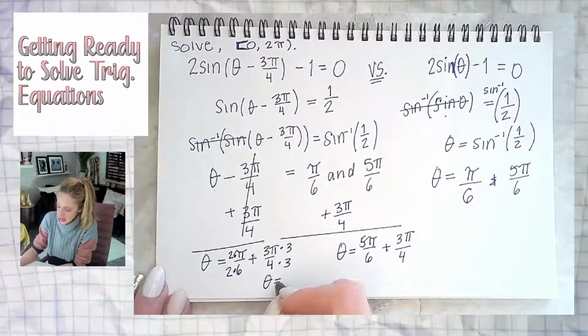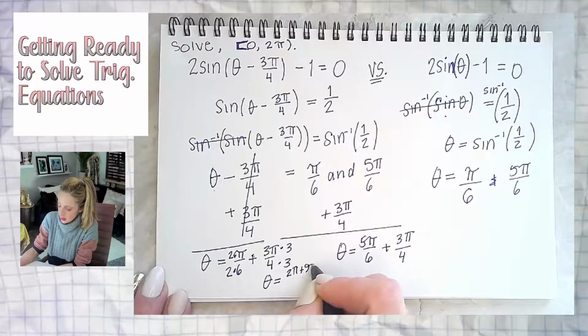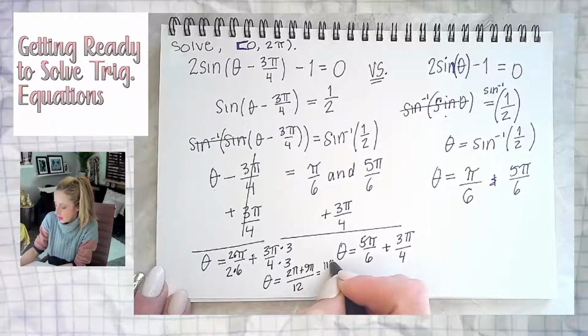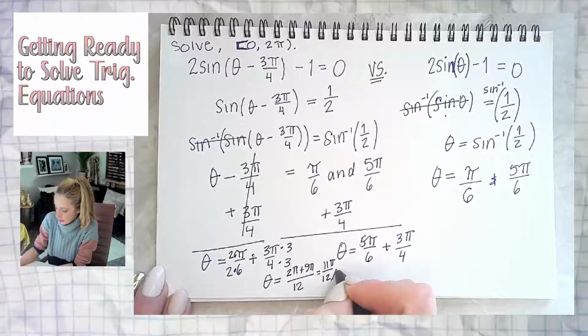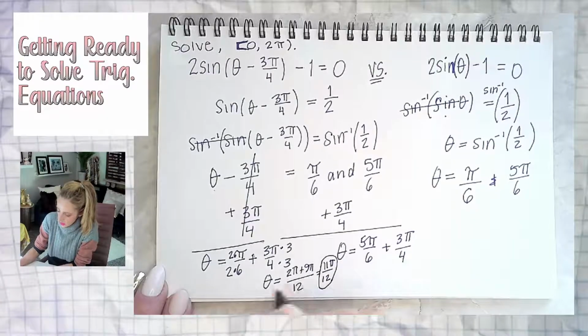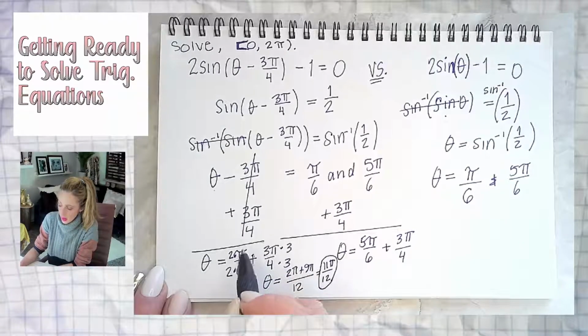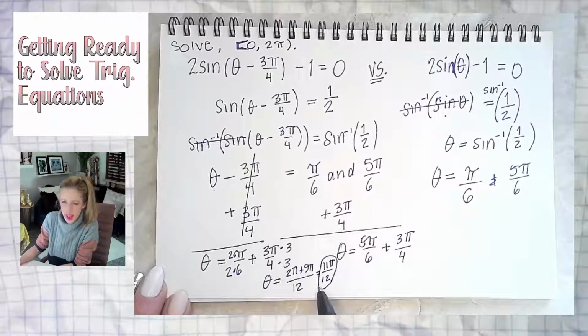So in this case, theta equals 2 pi over 12 plus 9 pi over 12, which equals 11 pi over 12. So my answer that was originally pi over 6 is now 11 pi over 12.